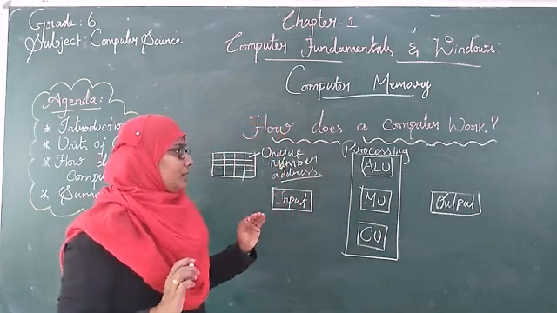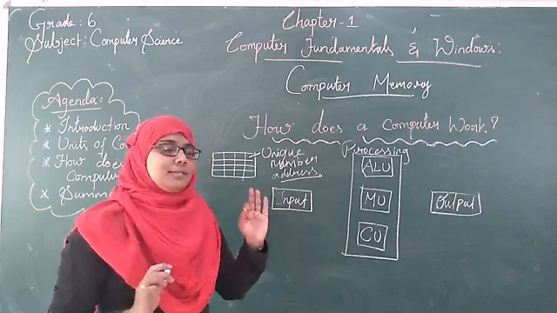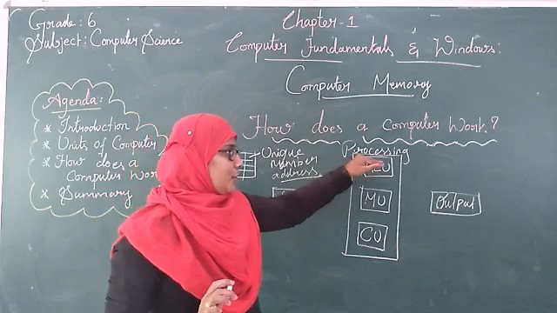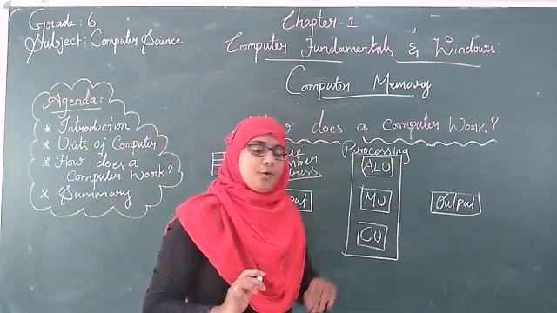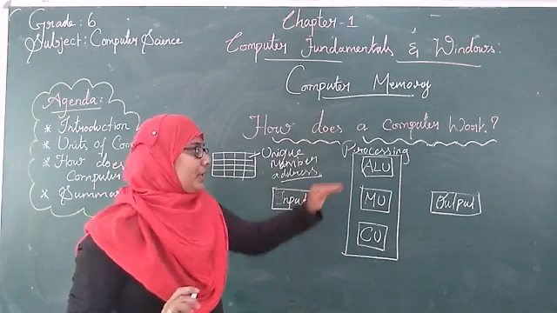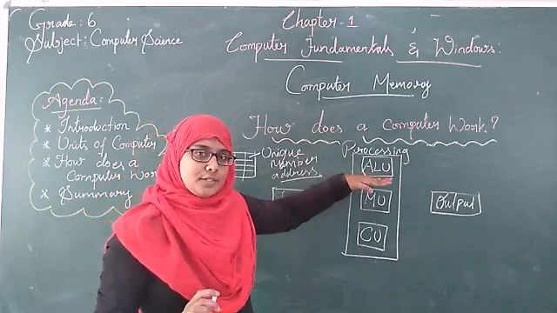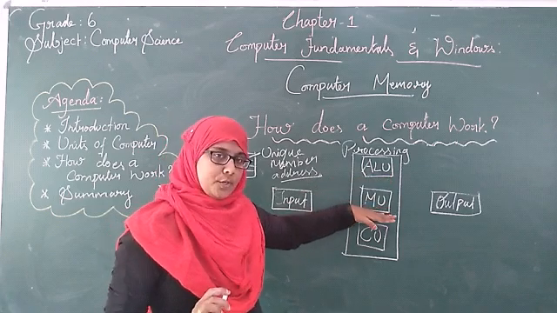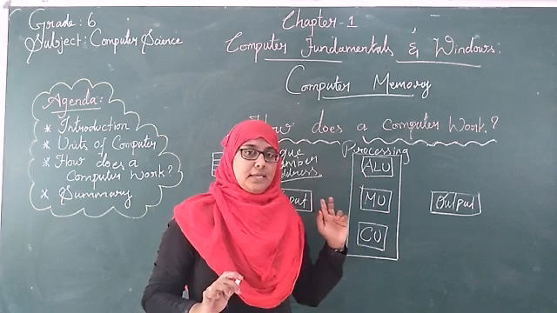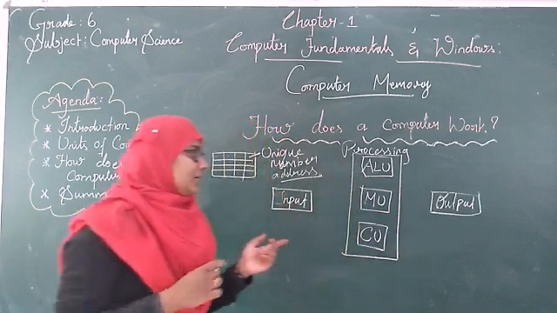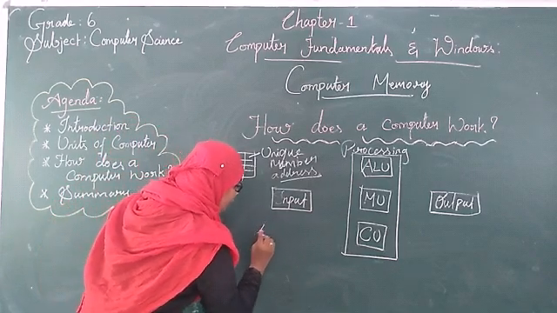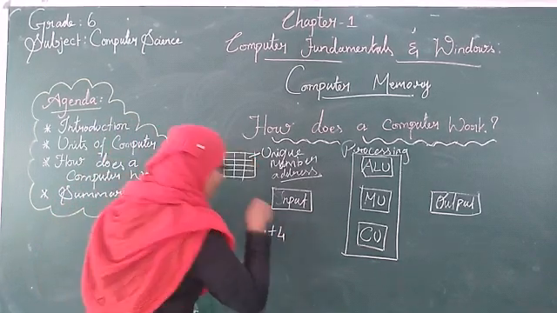Now, can you tell what are the three main units of the computer? Input unit, processing unit, and then output unit. What are the subunits of the processing unit? Arithmetic and logical unit, memory unit, and then control unit. For better understanding, we'll see an example. 4 plus 4.